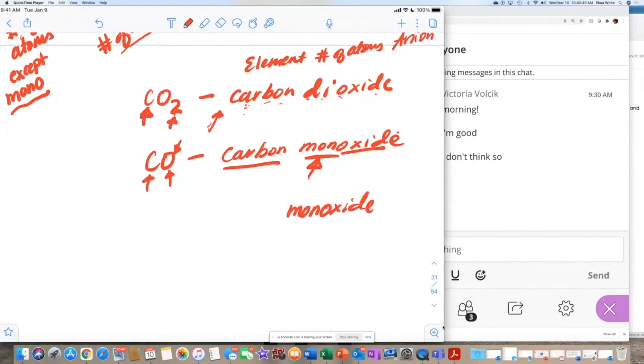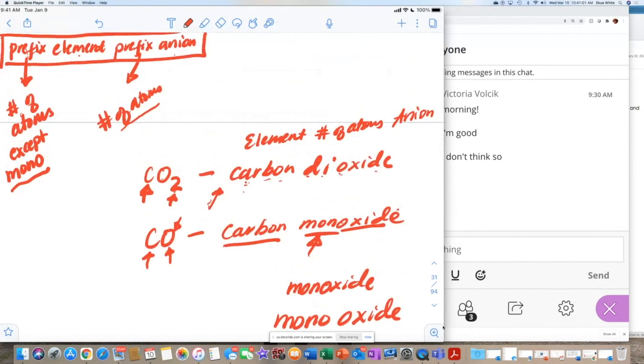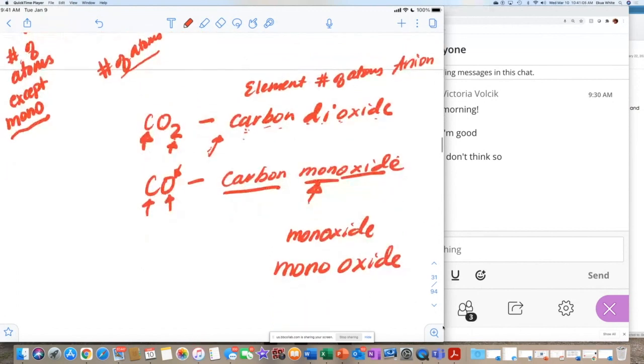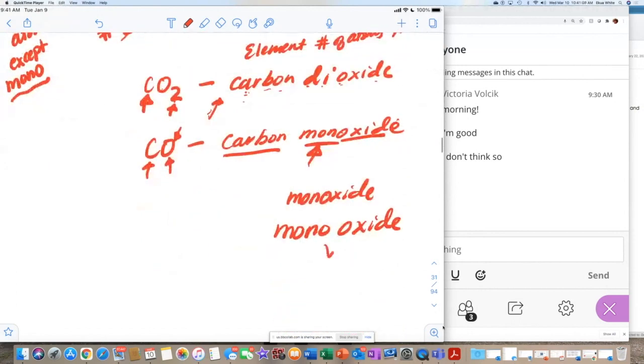The other thing, did you realize I said monoxide? I did not say mono-oxide. So we're going to start practicing these rules. Don't worry, right now I'm just trying to lay them out. When it comes to the second prefix, they consolidate O and O, and A and O. So if you have mono-oxide, they drop off one of the O's, so it becomes monoxide.